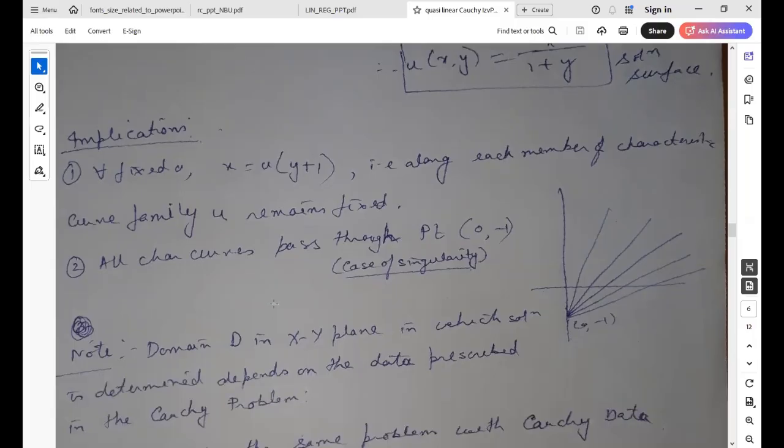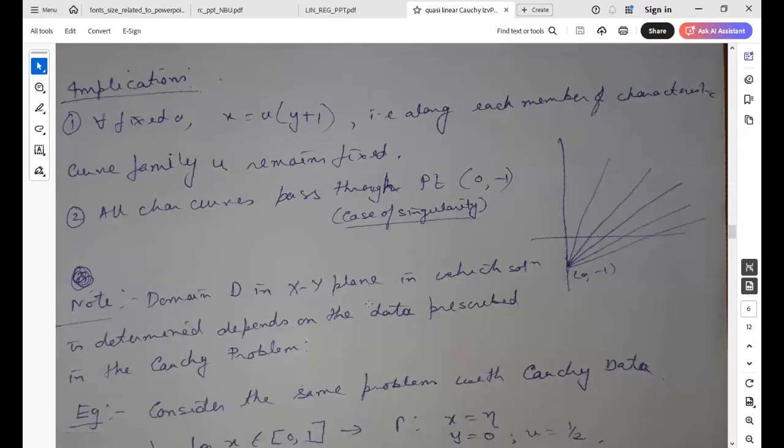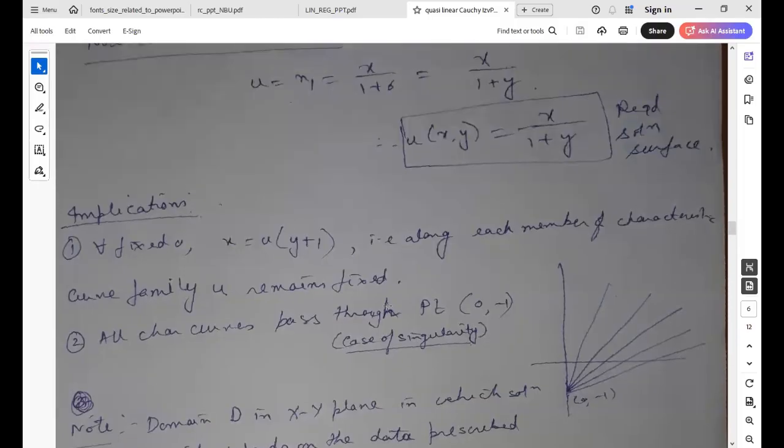And the domain, you already know it, even then I have kept a note separately. The domain D in the xy plane where the solution is determined depends on the data prescribed in the Cauchy problem. Quite obviously, we have used the Cauchy initial value or Cauchy data curve.